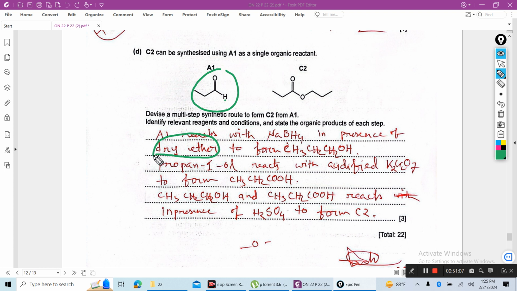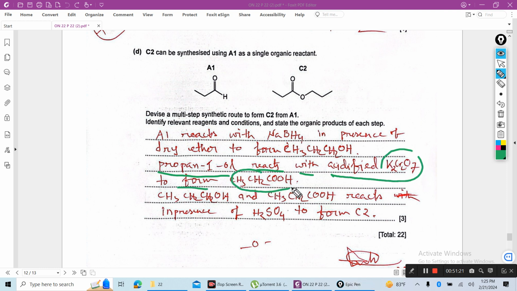Then propanol reacts with acidified potassium dichromate to form propanoic acid. This is an oxidation reaction. Propanol is oxidized by acidified potassium dichromate to produce propanoic acid. So here you get propanol and propanoic acid.